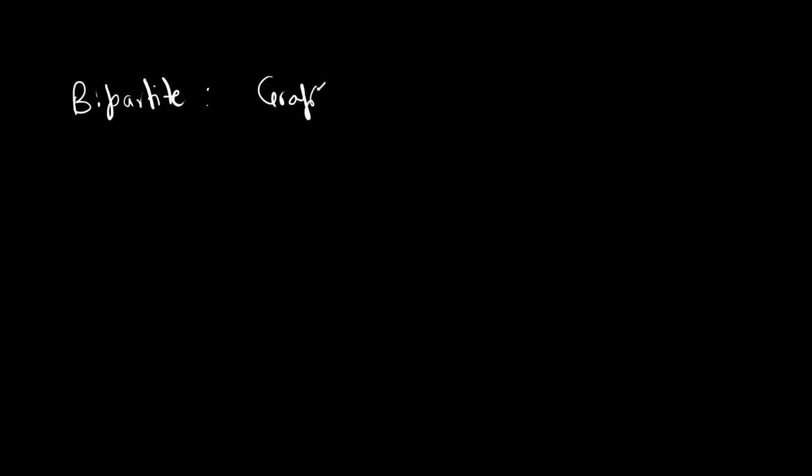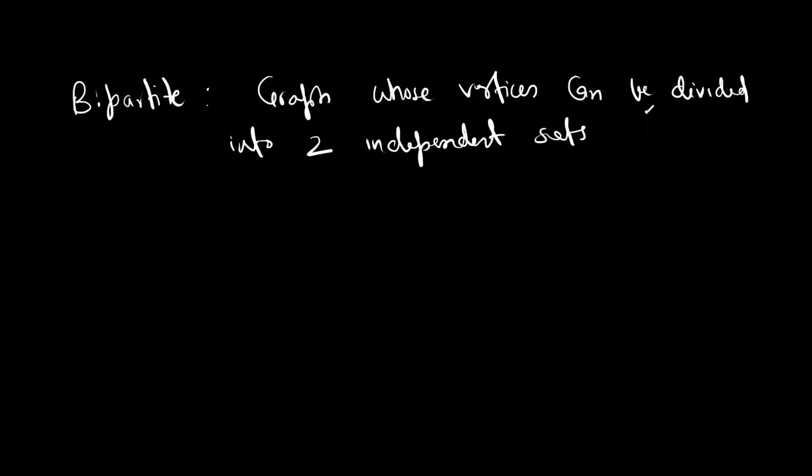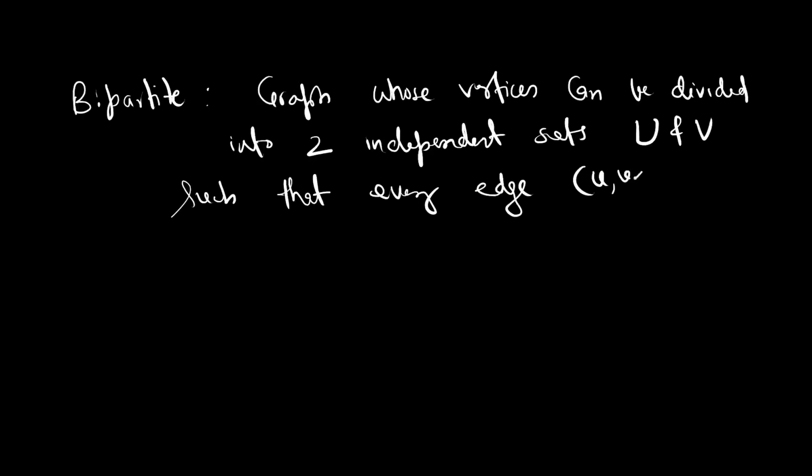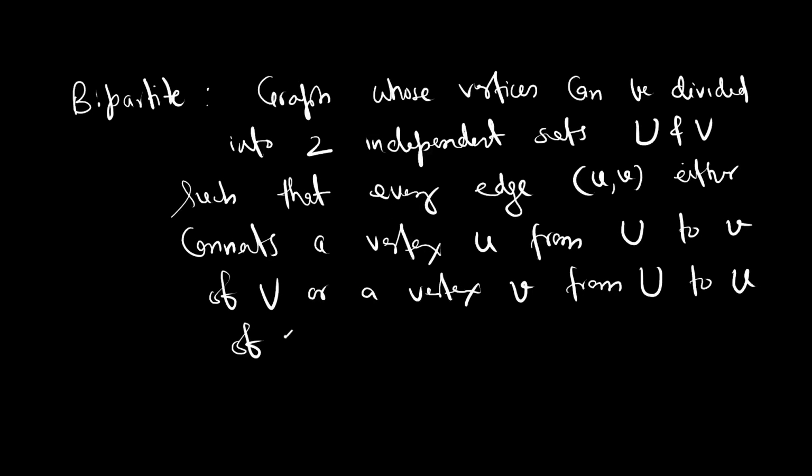So it's a kind of graph whose vertices can be divided into two independent sets, and those two independent sets are U and V, and there is a condition such that every edge uv either connects a vertex u from U to a vertex v from capital V, or a vertex small v from V to a vertex small u from U, right?